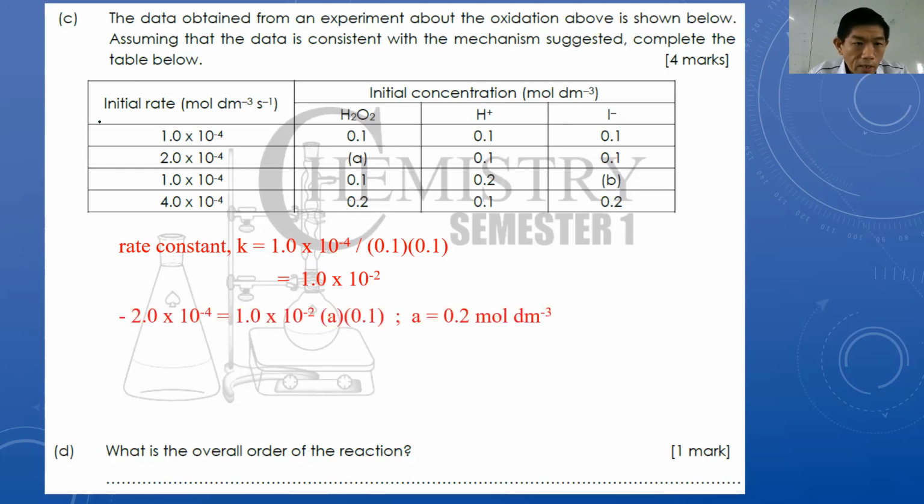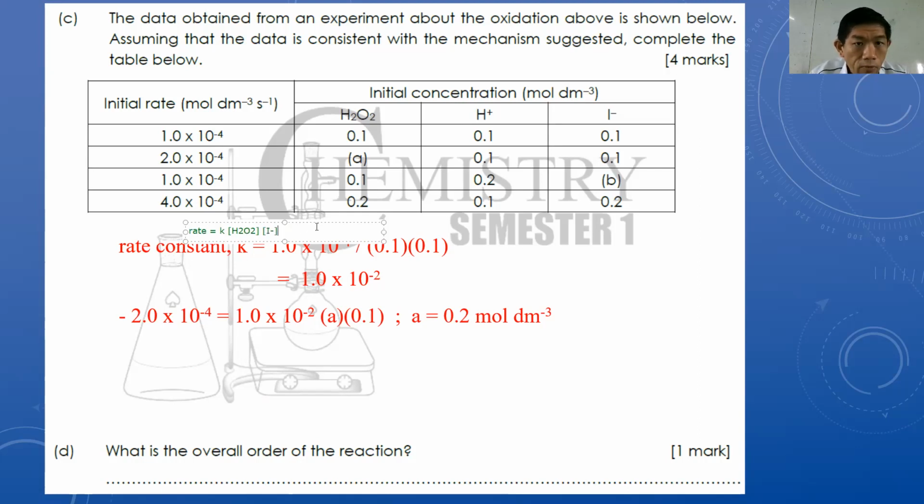So for A, 2.0 times 10 power negative 4 equals rate constant K, 1.0 times 10 power negative 2 multiplied by the A concentration of H2O2 times concentration of H plus in here. As already stated earlier, our rate equation just now, rate equals K concentration of H2O2 times the concentration of I minus.